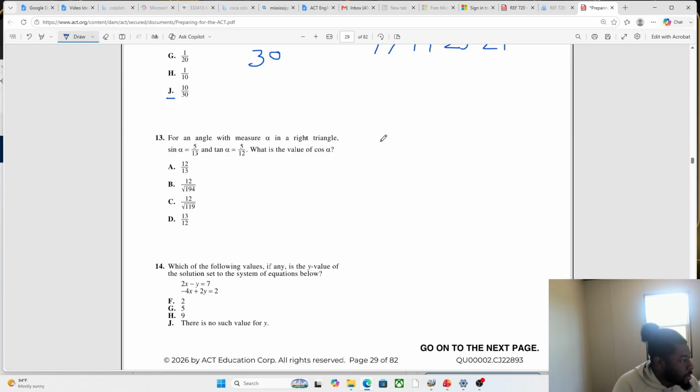All right, so first thing I'm going to do, I'm going to make a right triangle. One of my better right triangles. Okay. So I'm just going to write an A. There we go.